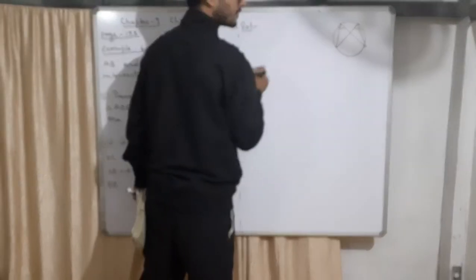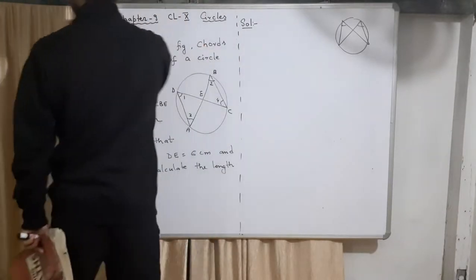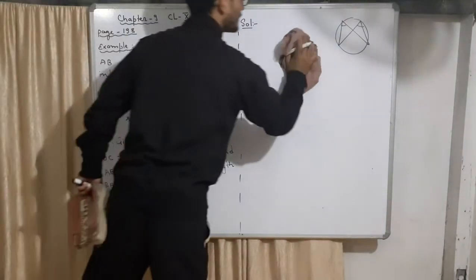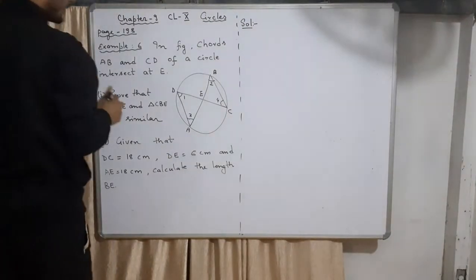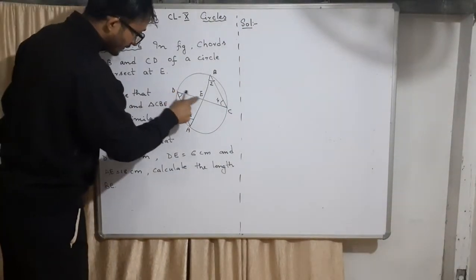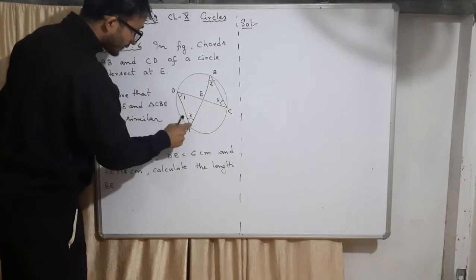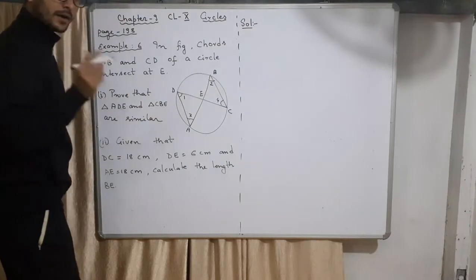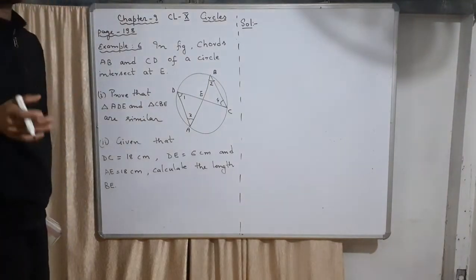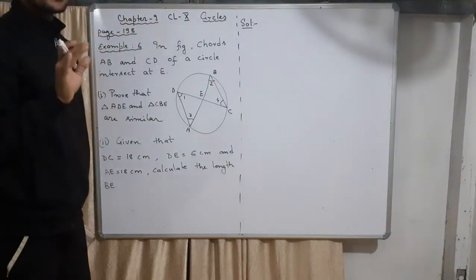So this theorem we are going to use here. If you look at the diagram very carefully, angle 1 and angle 2 are in the same segment. Why? Because angles in the same segment are equal, which is already proved in the theorem.